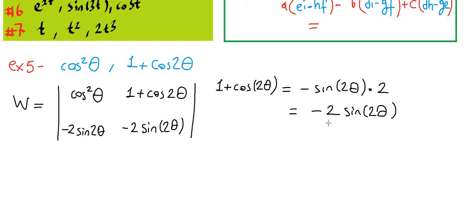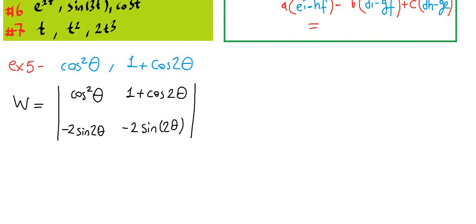Now we're going to compute the determinant. So the determinant will be given by the multiplication of these two entries minus the multiplication of these two entries. Cosine squared theta times negative 2 sine 2 theta will be equal to negative 2 cosine squared theta sine of 2 theta.